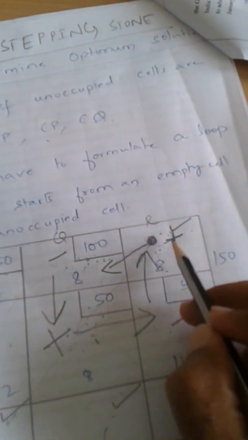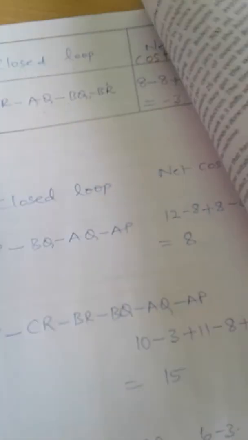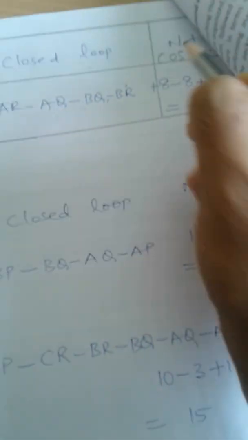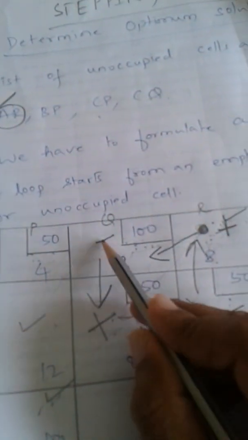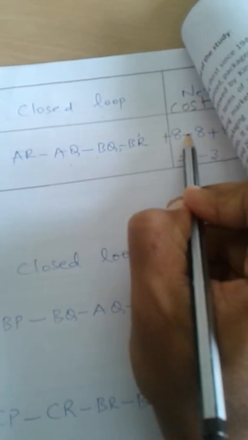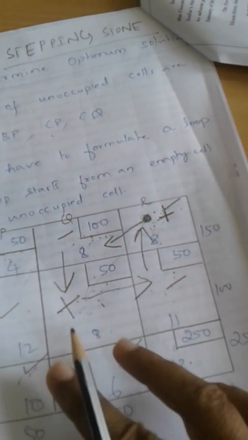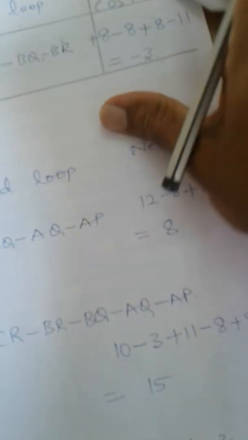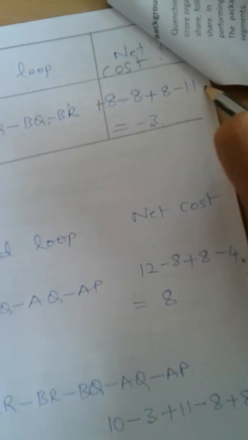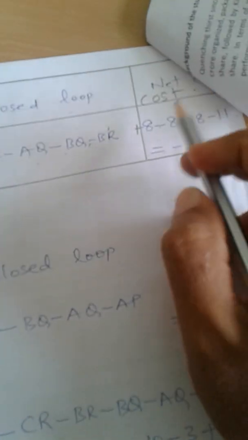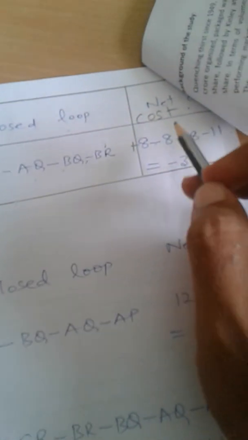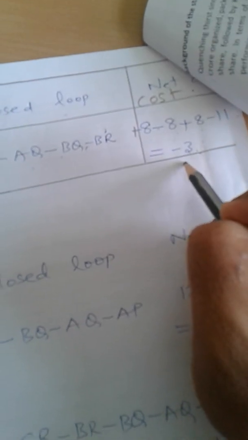How do we get it? It is nothing but plus 8 minus 8 plus 8 minus 11. So answer is, when you calculate all this, it will be minus 3.